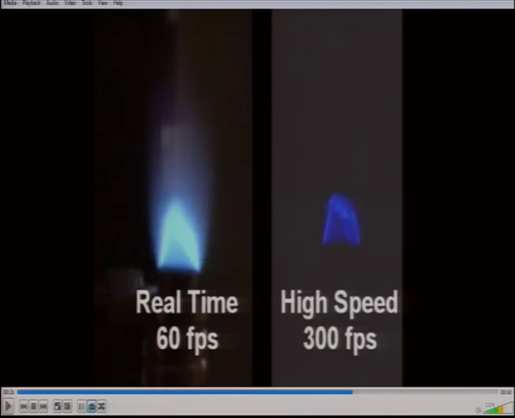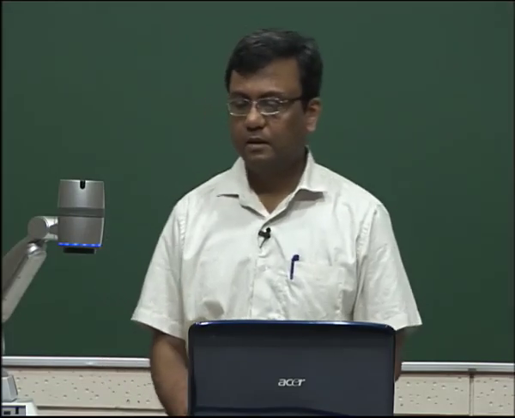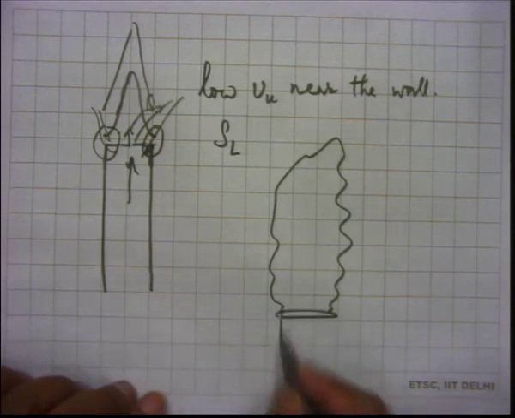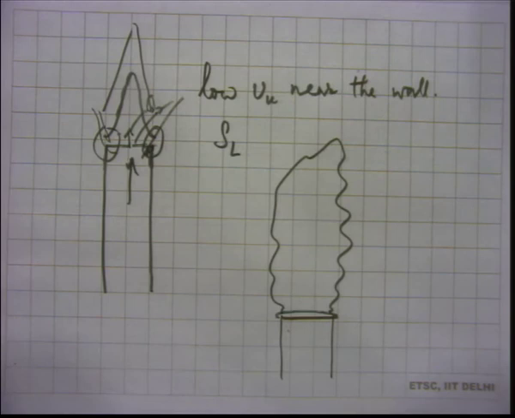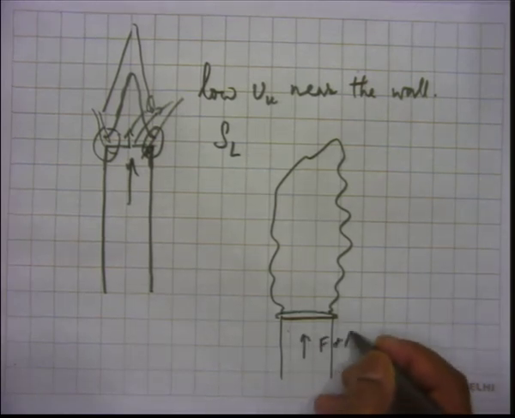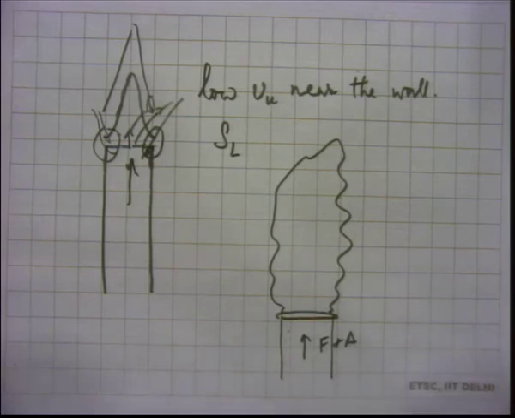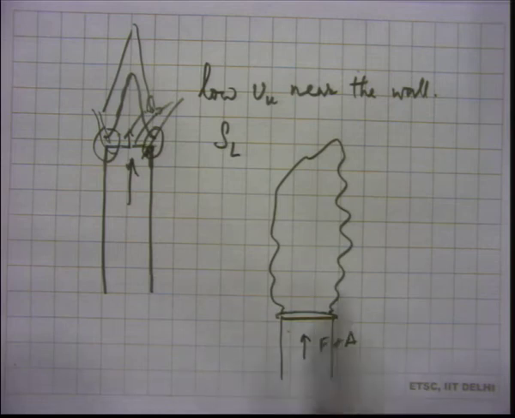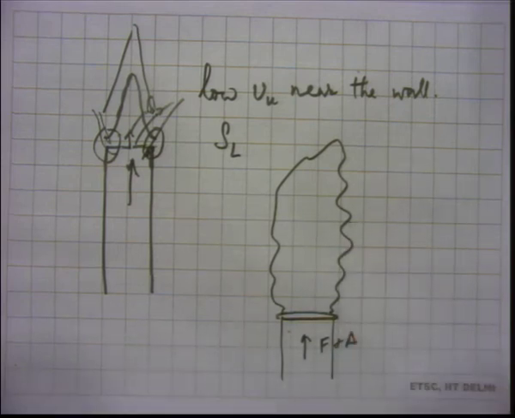a turbulent flame can be thought of as a superposition of individual flames. What I mean by that is, this can be an instantaneous turbulent flame. This is the fuel air, this is the tube through which you are sending fuel air mixture at high velocity. So the actual situation is turbulent, but what I have drawn is one flame which is like a laminar flame, but this has been obtained at one instant of time.